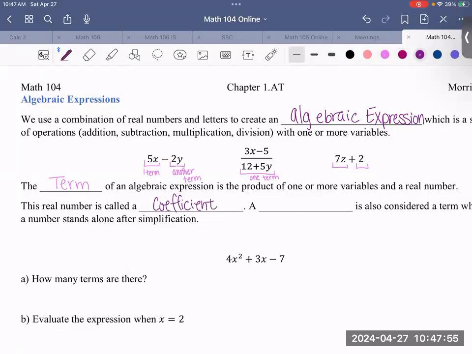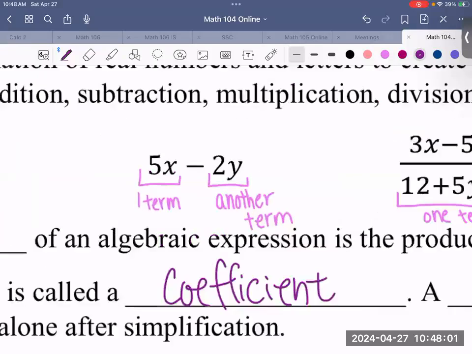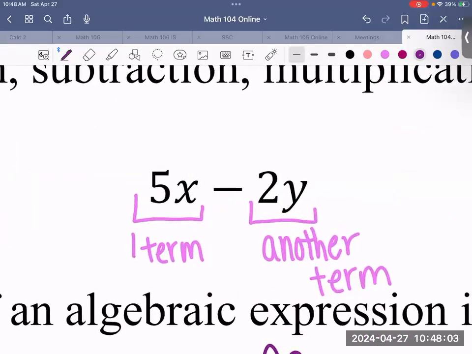So if you have a real number attached directly to a variable, that is considered your coefficient. So here we have coefficients. The 5 and the -2 are coefficients of their variables. The 5 is the coefficient to the x, and the -2 is the coefficient to the y.